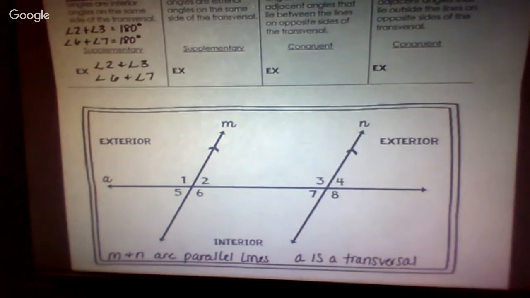If you move over to the next section, we're talking same side still. So if they're on the top, it has to stay on the top. If it starts on the bottom, it has to be on the bottom. My difference here was what, Dewan? Exterior. So instead of inside your parallel lines, they need to be on the outside. 1 and 4.